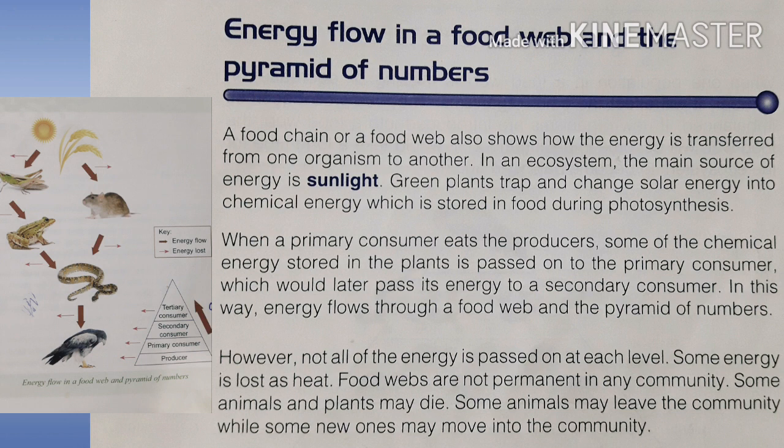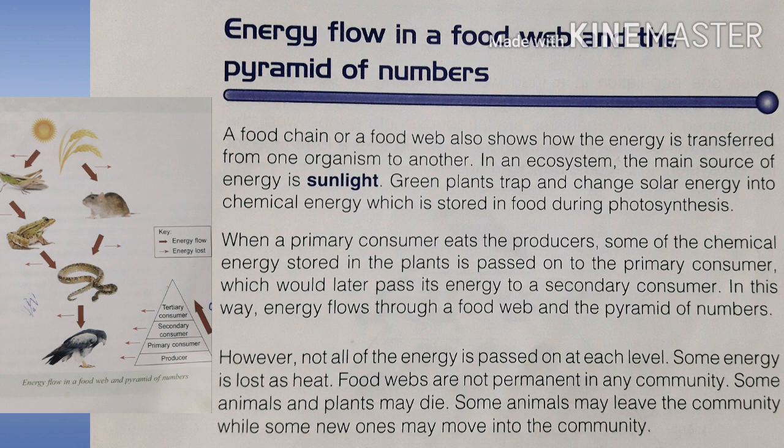Green plants trap and change solar energy into chemical energy, which is stored in food during photosynthesis. When a primary consumer eats the producers, some of the chemical energy stored in the plants is passed on to the primary consumer, which would later pass its energy to the secondary consumer. In this way, energy flows through a food web and the pyramid of numbers.